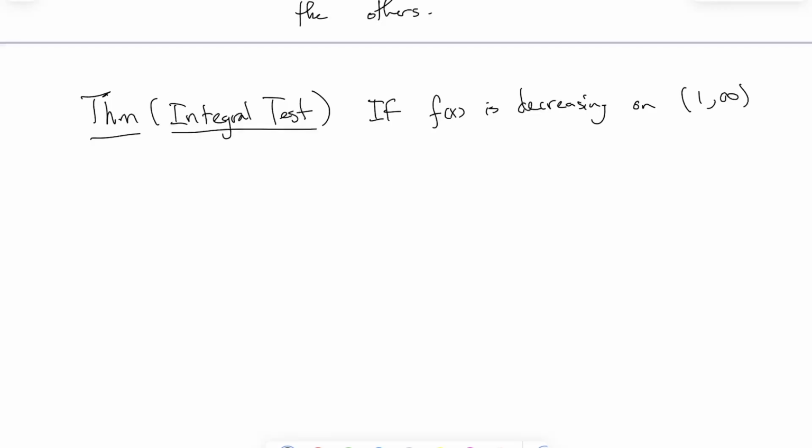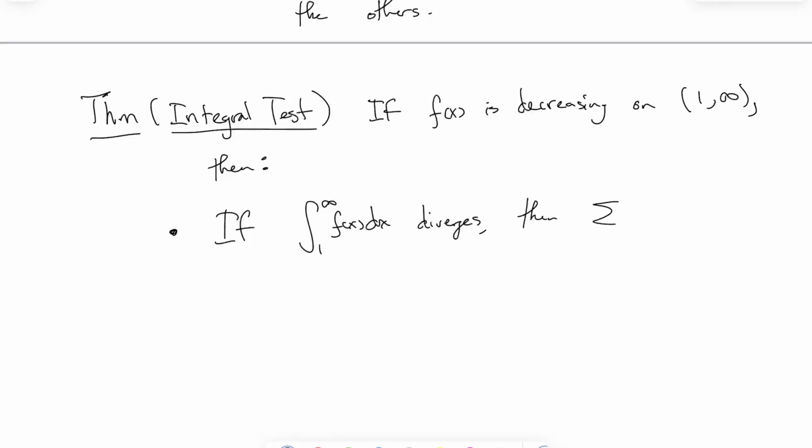This is all that really matters. If f of x is a decreasing function from 1 to infinity, then there are two parts which say similar things. If the integral from 1 to infinity of f of x dx diverges, then the series diverges.